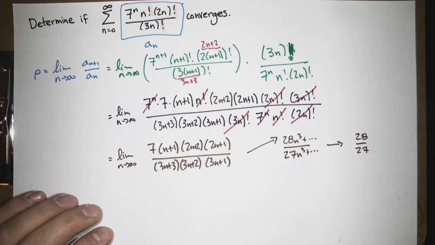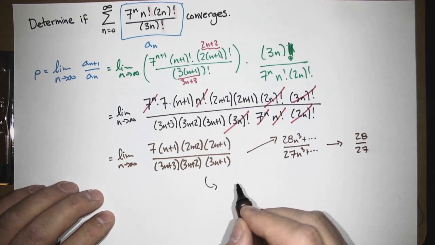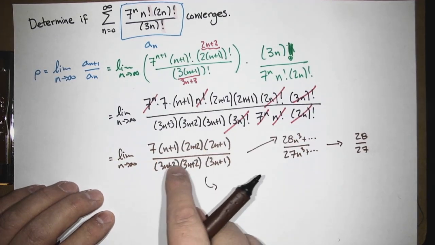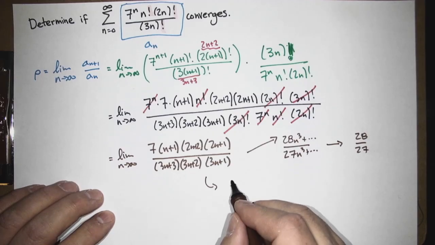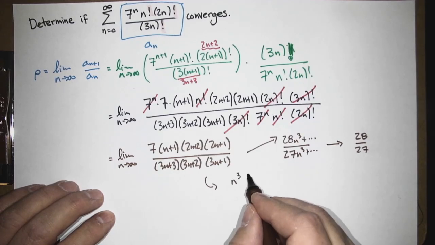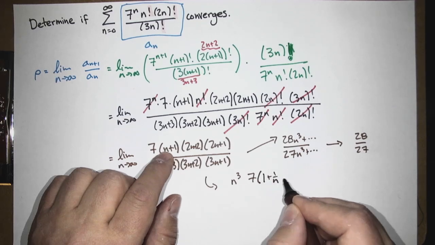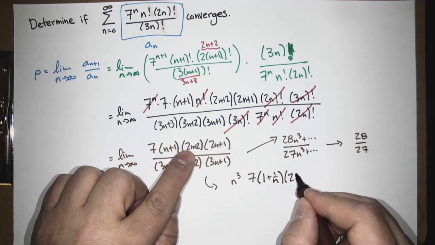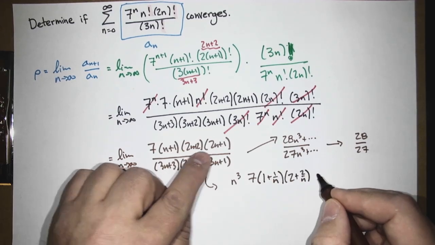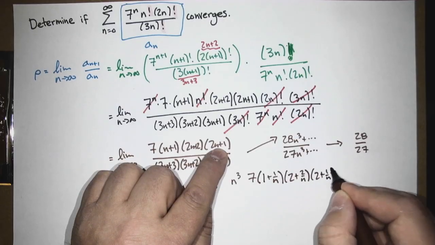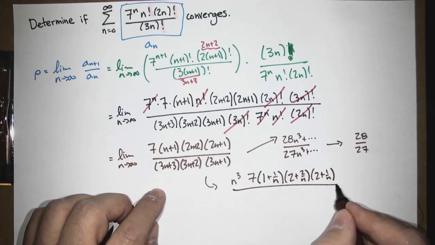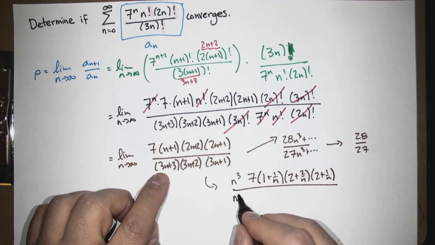Here's another option. You can say, hey, let's factor an n out of each one of these pieces. So there will be an n cubed in front, 7, and I factored an n out, so that's 1 plus 1 over n, 2 plus 2 over n, 2 plus 1 over n. Again, factor n cubed out of each term.